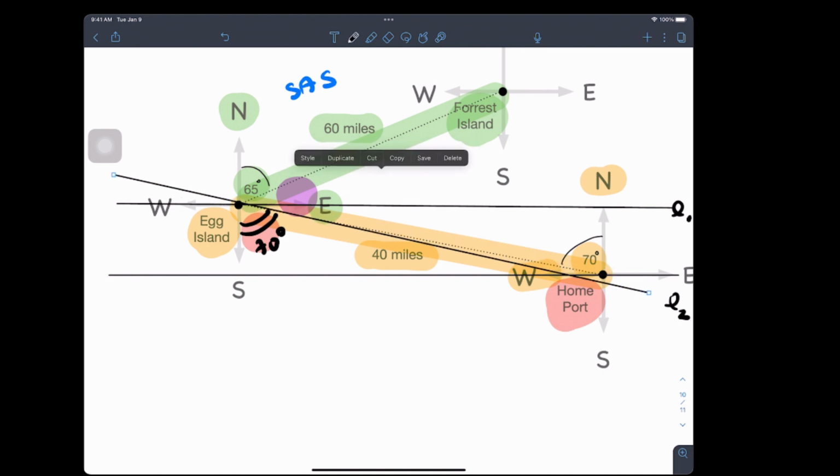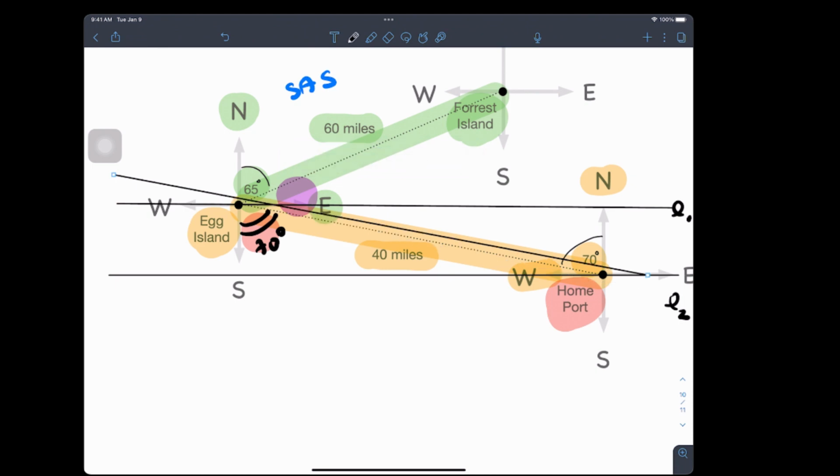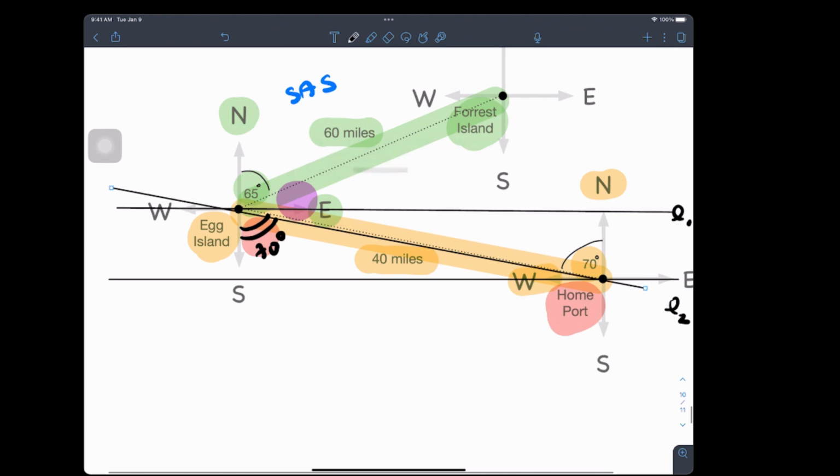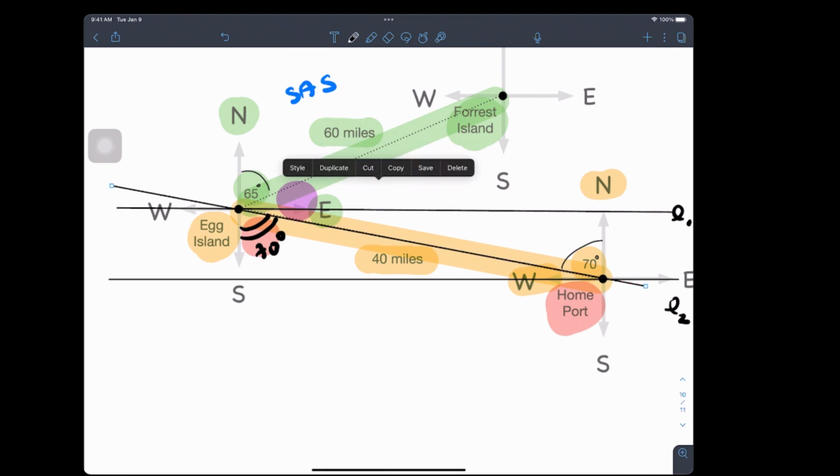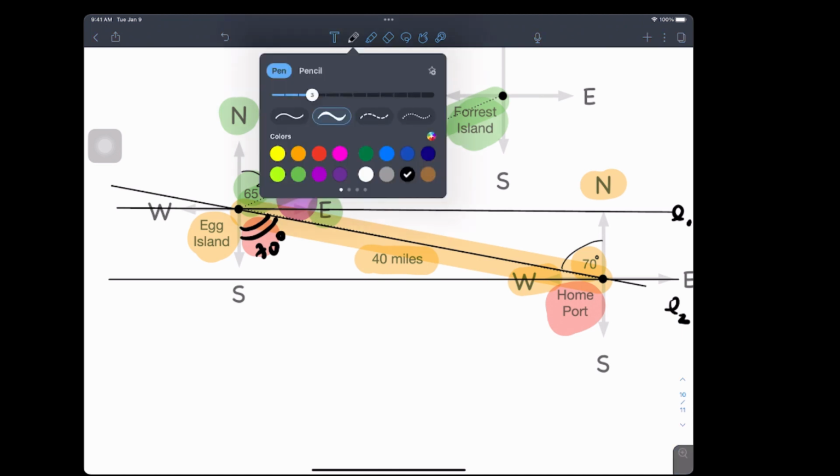See if I can move this. There we go. Sort of. And this line is L.